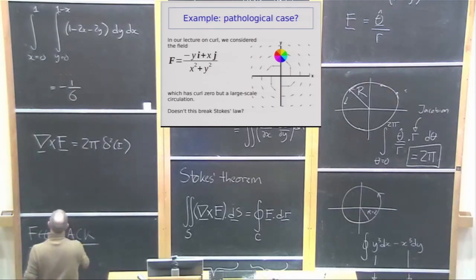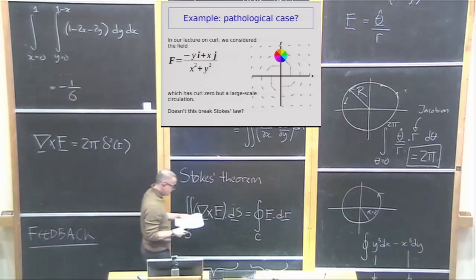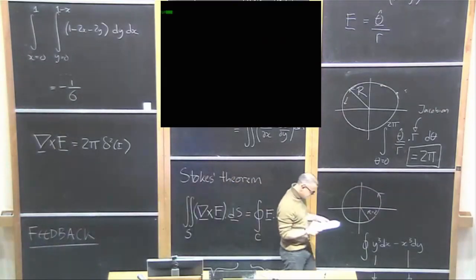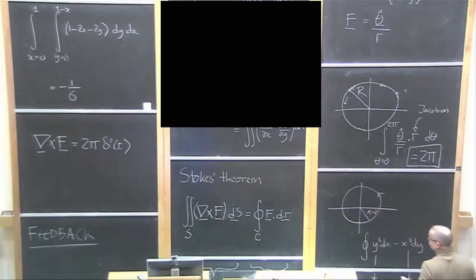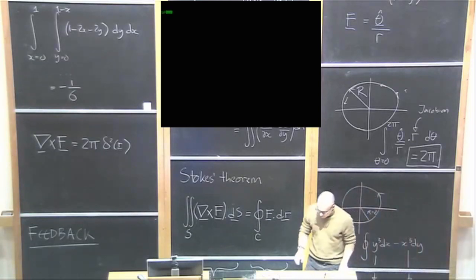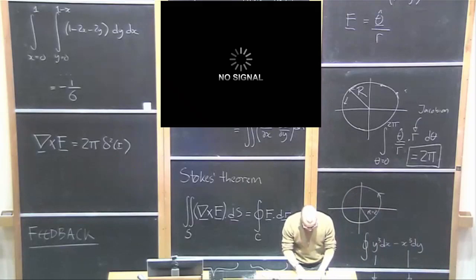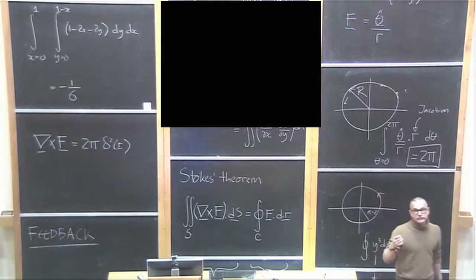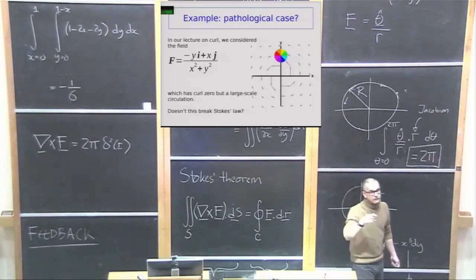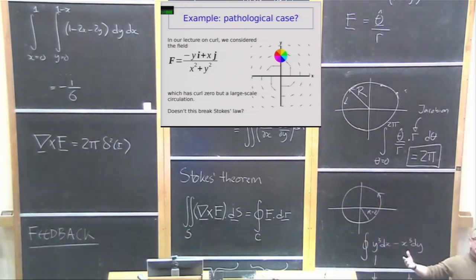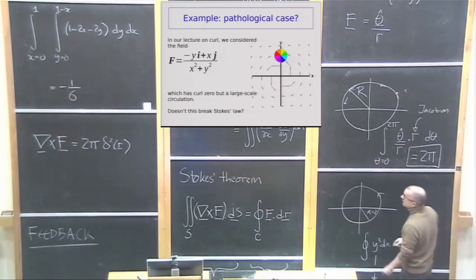And that then allows us to get out of the problem with Stokes' law and this field. And what is the reason that we cannot use Stokes' law for this field? And the reason, again, is essentially the same as it was for the divergence, which is that this vector field, like nearly all the vector fields, in fact, you come across, at least for the first few years, this vector field is not defined at the origin.